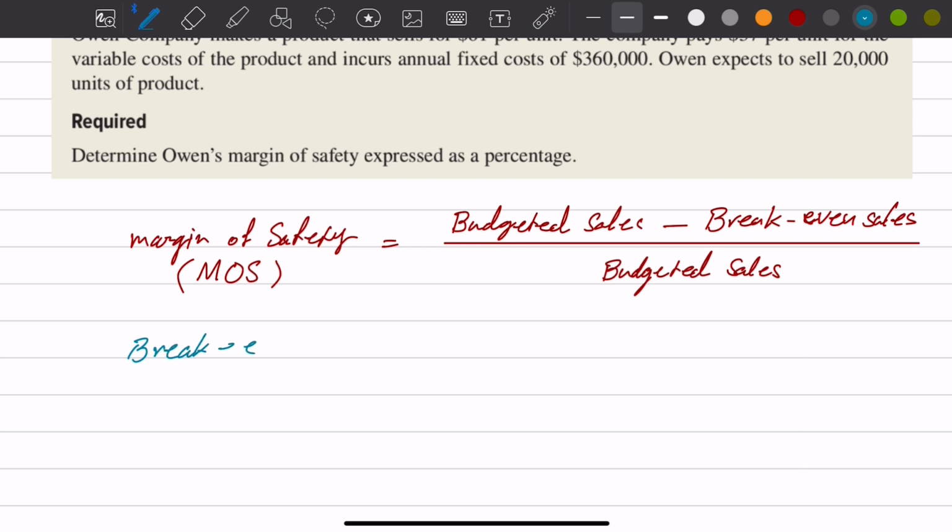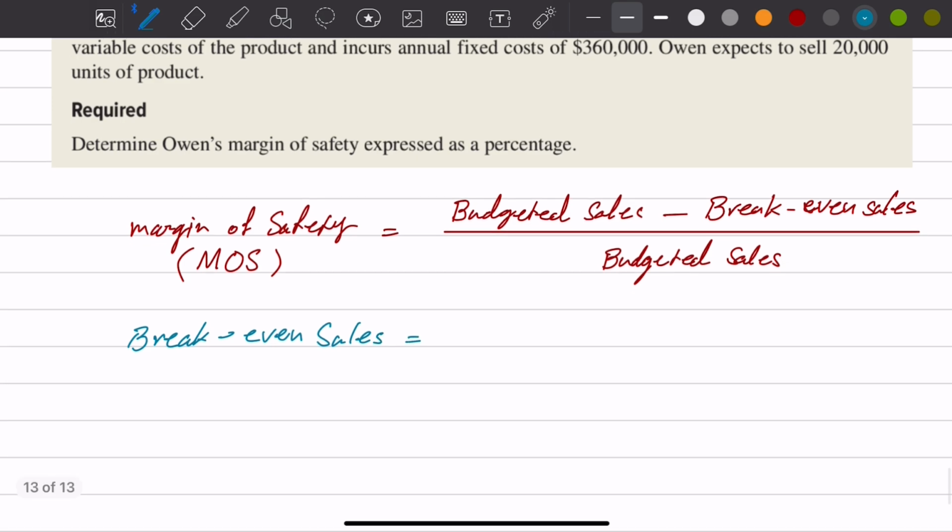Break-even sales equals, let's find it in units first. You can either use the contribution margin ratio to find the break-even sales right away, or typically I just find the units first and then just multiply by the selling price per unit.